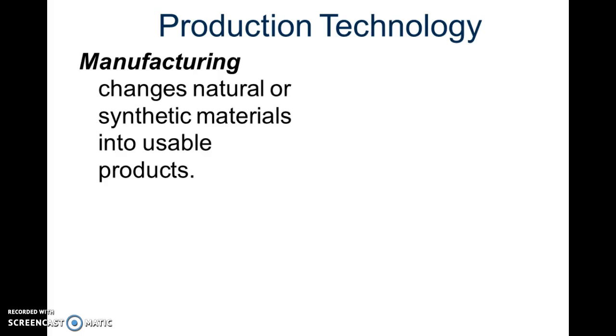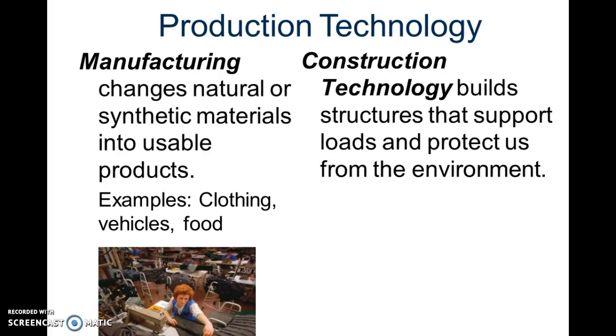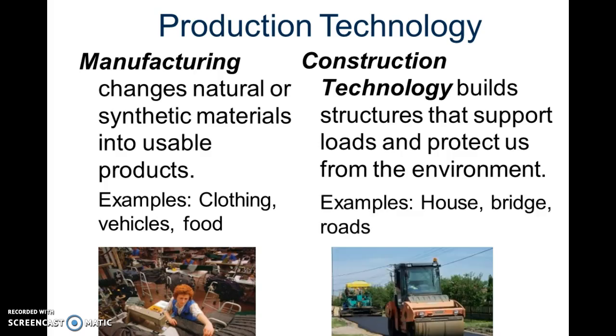Sometimes we take natural or synthetic materials and turn those into products to meet the needs and wants in our life. Examples are clothing, vehicles, and food. Construction technology builds structures that support loads and protect us from the environment. Just think, if we were outside in the cold right now, what advantages construction technology has for our life.